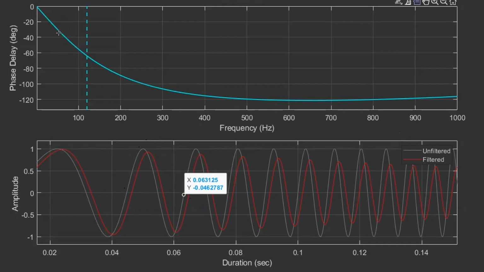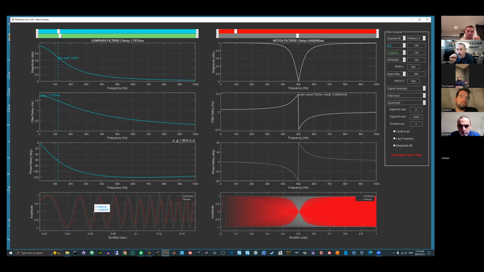That's in degrees. So it's telling you how much the signal that you're interested in, so in this case the gyro signal, is going to be shifted out of phase relative to the original unfiltered signal. And as we've discussed in other videos, I'm pretty sure I mentioned this to you, if you have some kind of oscillation like prop wash, you want P term to be perfectly opposing the phase of the gyro's oscillation.